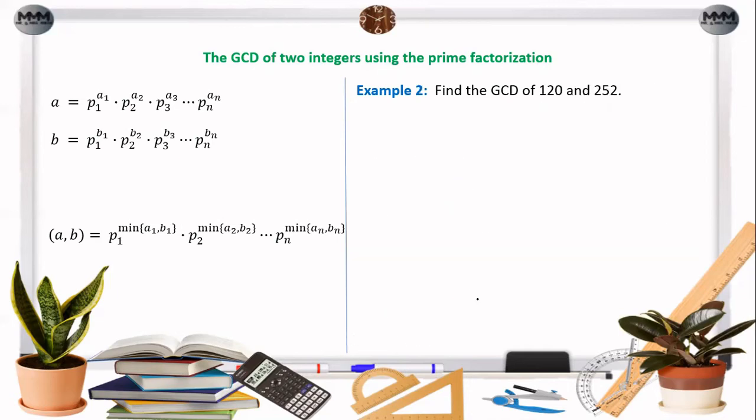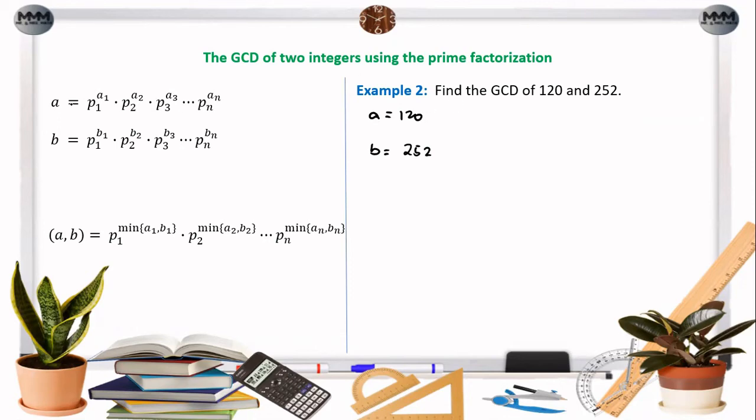Now let's have another example. Let's consider this one. We are to look for the GCD of 120 and 252. Now we let A be equal to 120 and B be equal to 252. So we will write each integer as the product of primes.